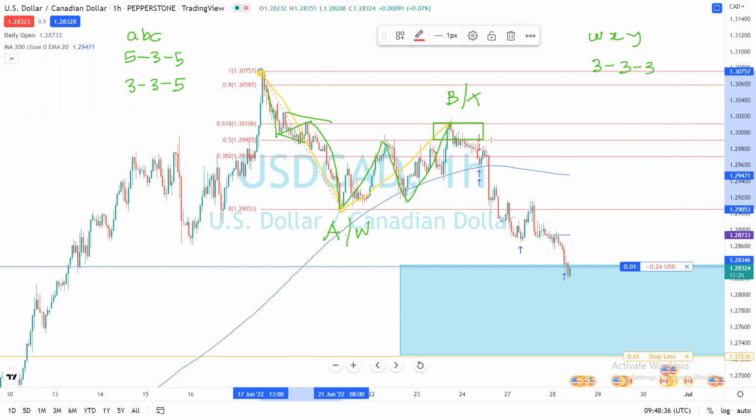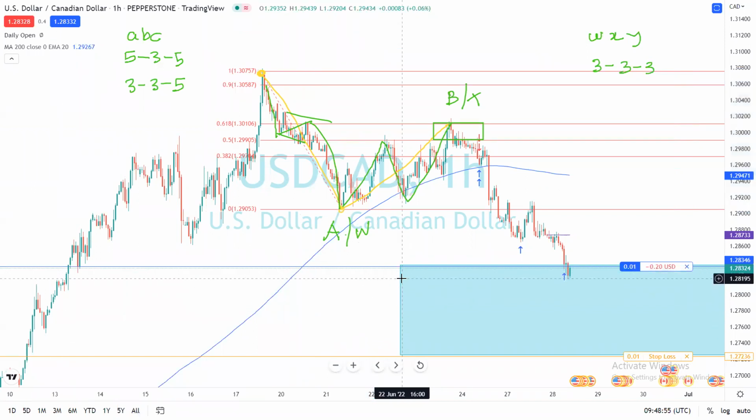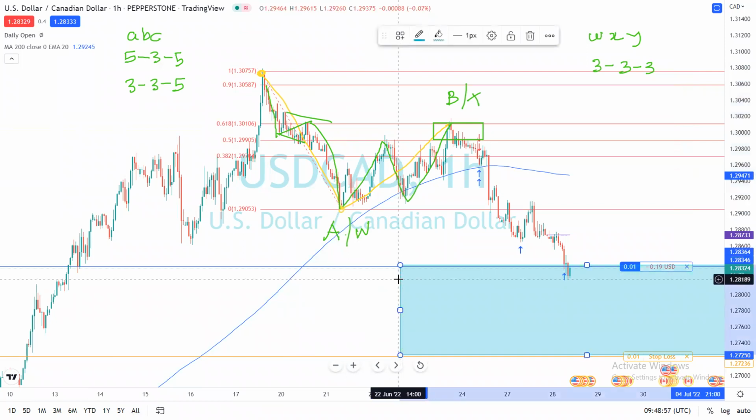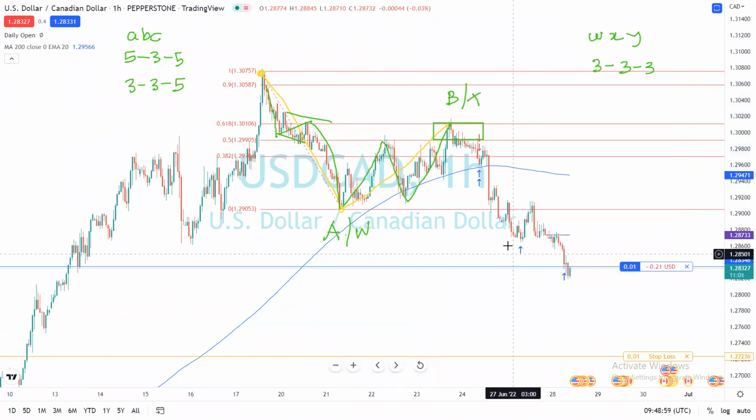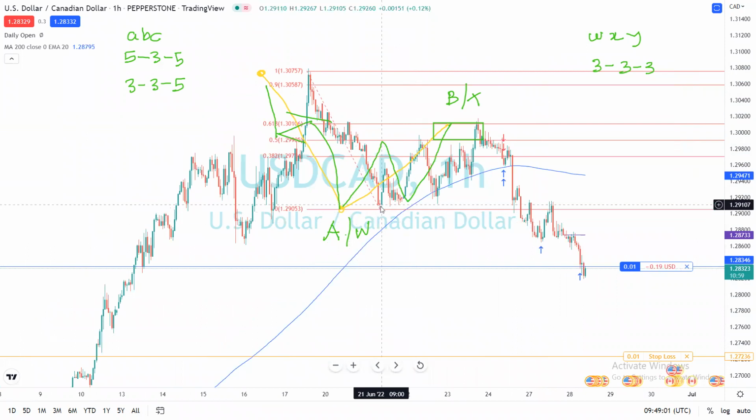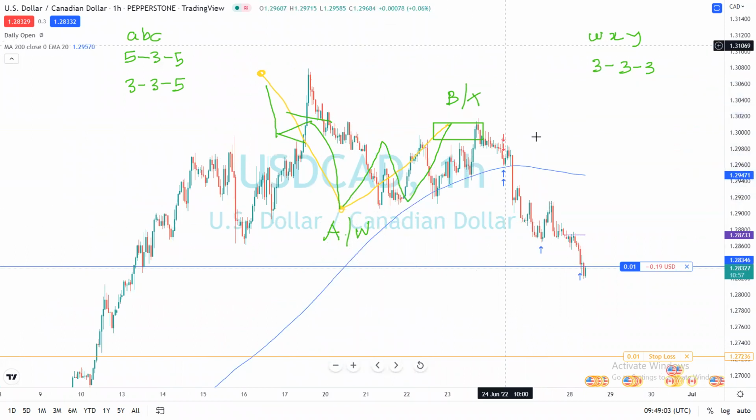This is exactly where our wave B is reversing, between the 50% and the 61.8% of wave A. And then the next step would be to focus on where this whole correction is likely to end.